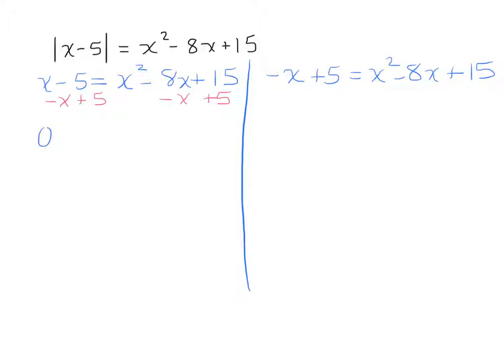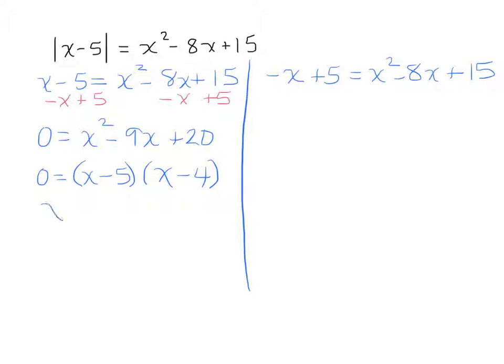I'll get 0 equals x squared minus 9x plus 20. I can factor that, x minus 5 and x minus 4. So I end up with two solutions just from the positive. x equals 5 and x equals 4. I'll have to test both of them.